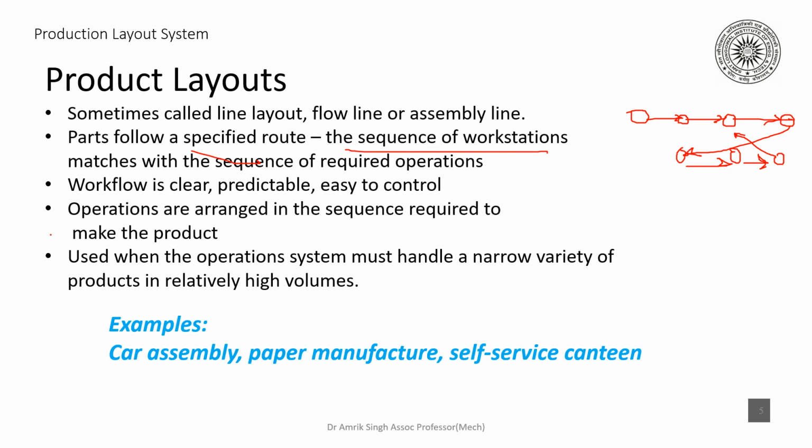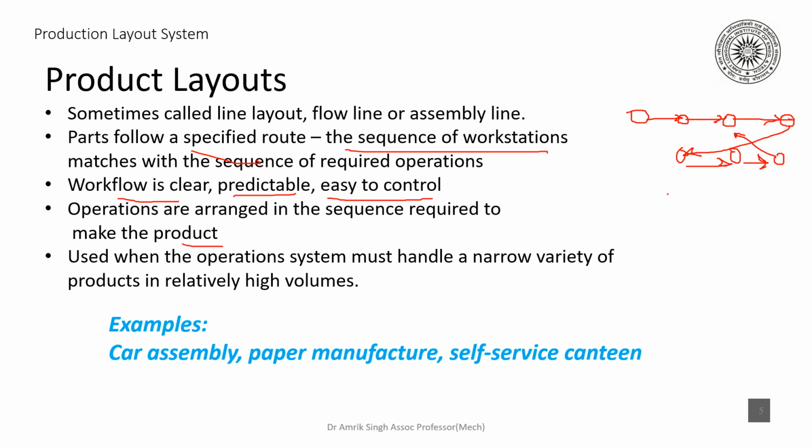The third feature of this type of product layout is that the workflow is clear, predictable, and easy to control. Operations are arranged in the sequence required to make the product.